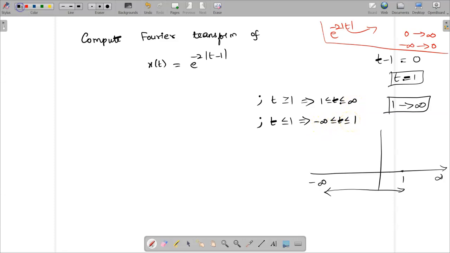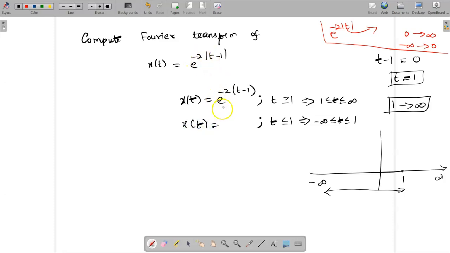Since we are considering the positive limits of t, the terms take positive values, so the value will not get affected. We have to consider x of t just as e power minus 2 of t minus 1, as it is. For negative limits, that is from minus infinite to 1, we have to change the sign.